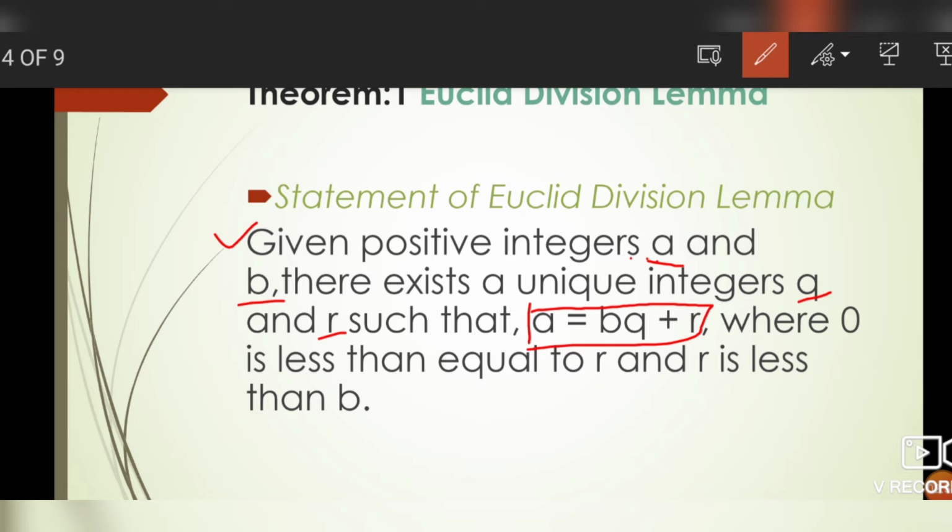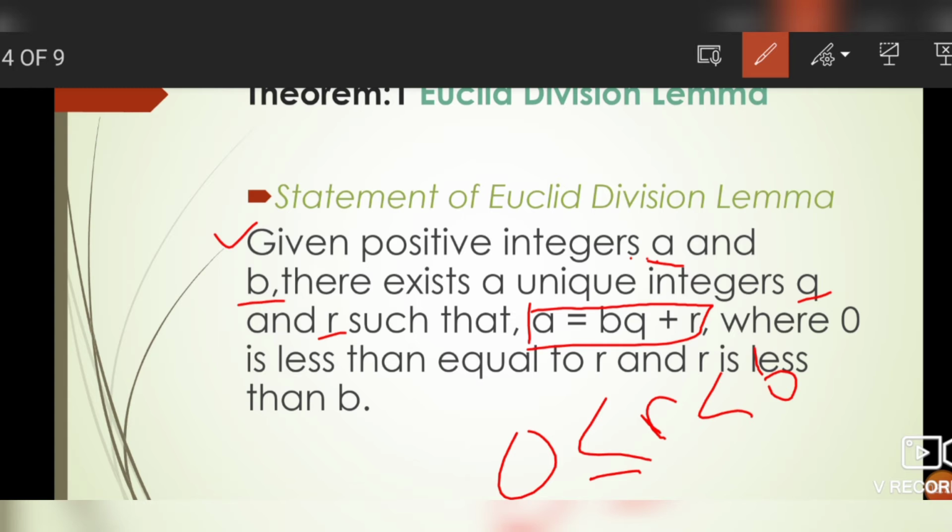Now this expression has one condition. The condition is that r should be 0 less than or equal to r, less than b. So our remainder, that is our r, should be equal to 0 or greater than 0, but it should be less than b.